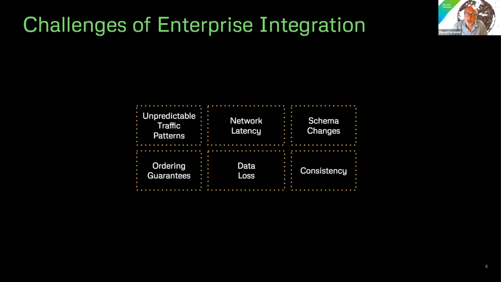But since we're talking about distributed systems, these kinds of challenges are the same with any microservices architecture, unpredictable traffic patterns being the number one thing. Do we know that our system can scale to handle a 10x increase in data processing load over the average? How can we deal with network latency or even network outages?